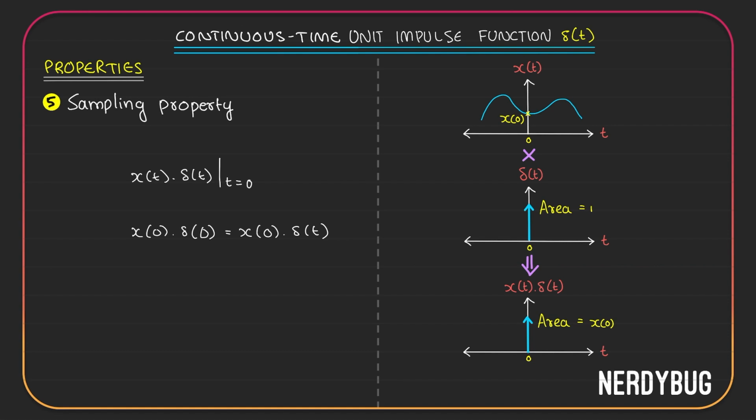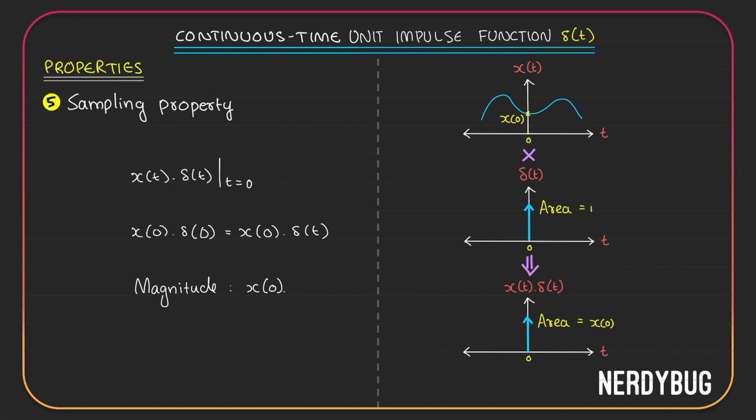Now we learned something before which we called trivial, that if we have something like a delta of t, then its magnitude will be a instead of 1. So over here what we have is x of 0 delta of t. X of 0 is a constant just like a. So here the magnitude is going to be x of 0.